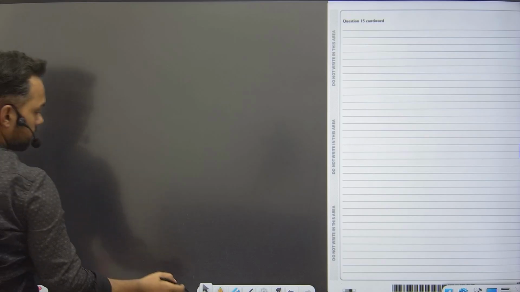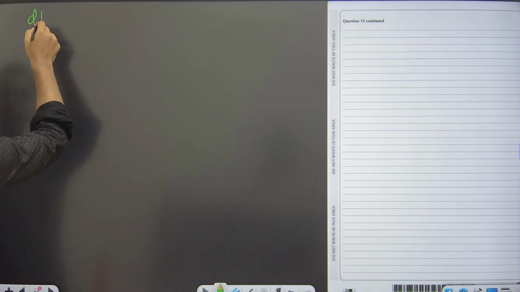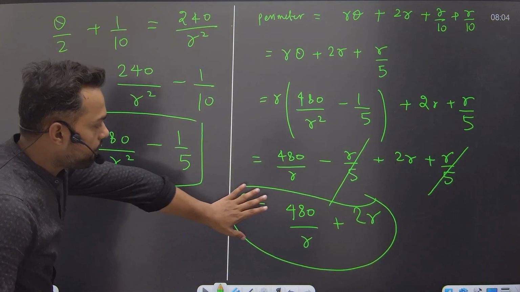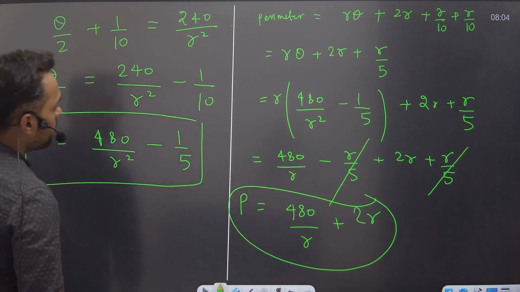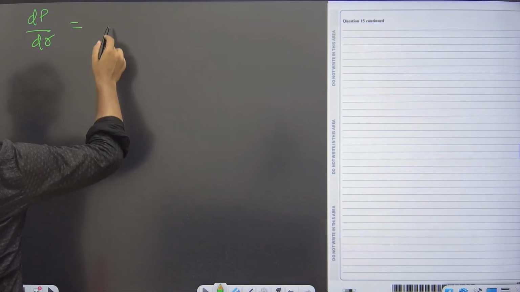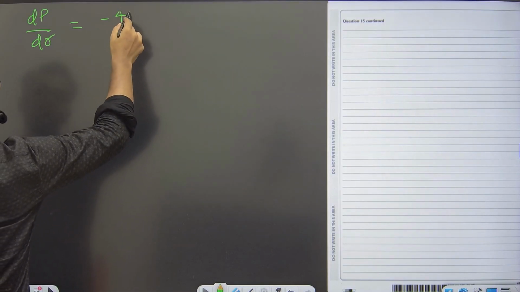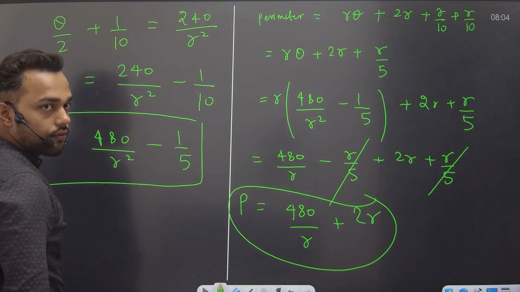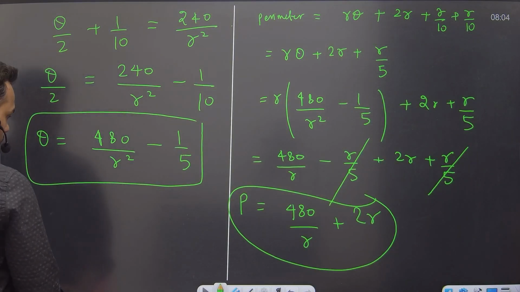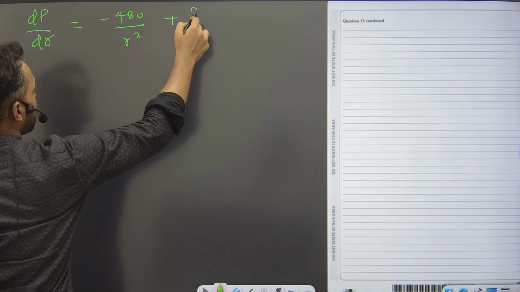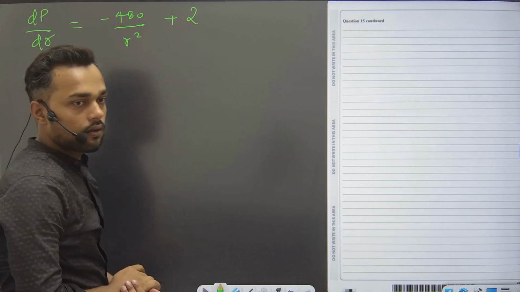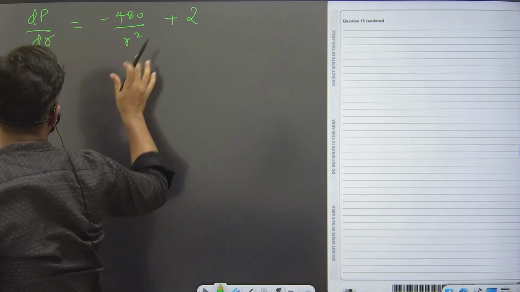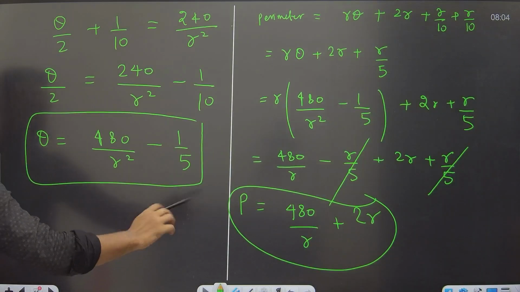So dP by dr will be equal to, differentiating P with respect to r, negative of 480 upon r square plus 2. Okay, so we are calculating dP by dr.